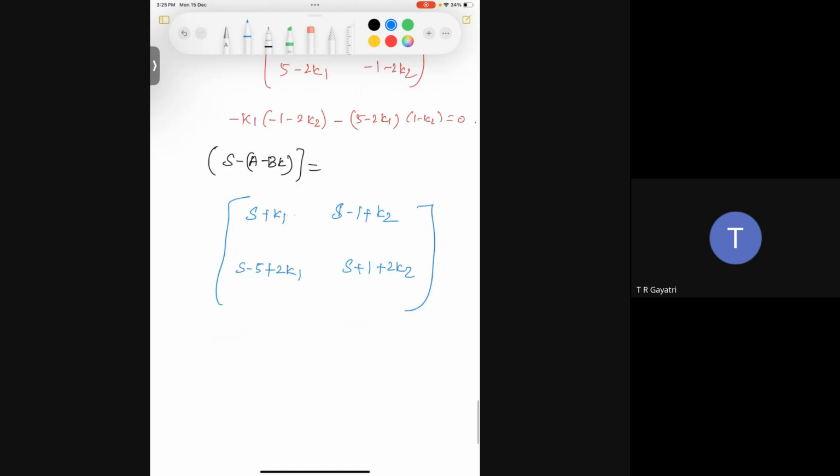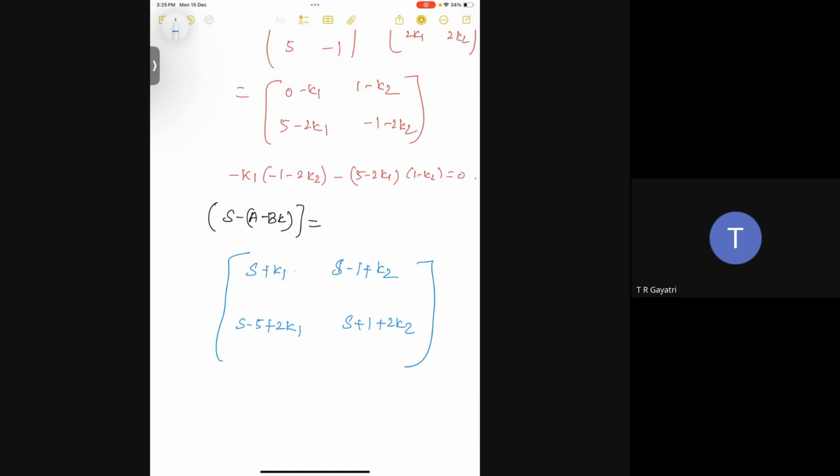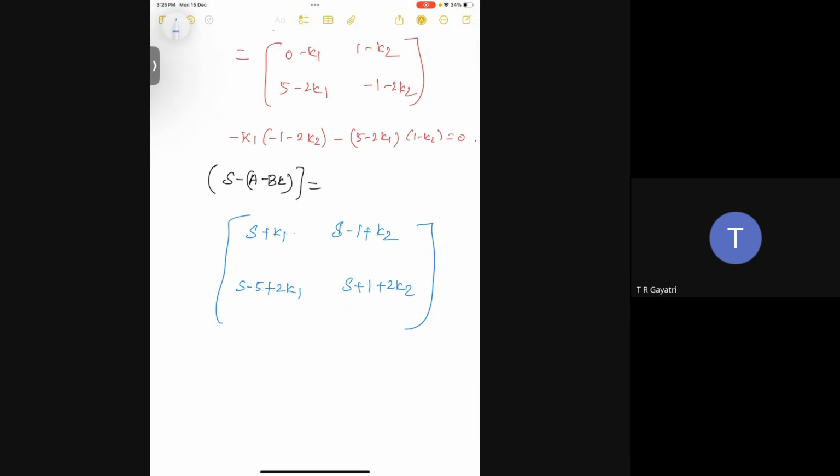Any mistake? Hope it's correct. Now you find the determinant: s plus k1 into s plus 1 plus 2k2, minus the product of minus 1 plus k2 and minus 5 plus 2k1, equal to 0.